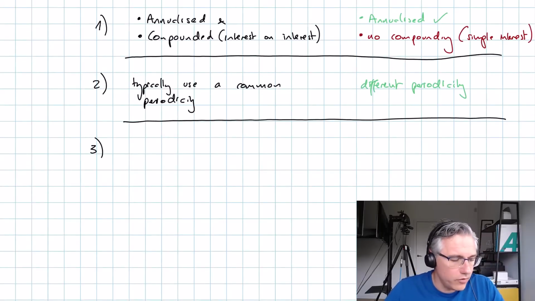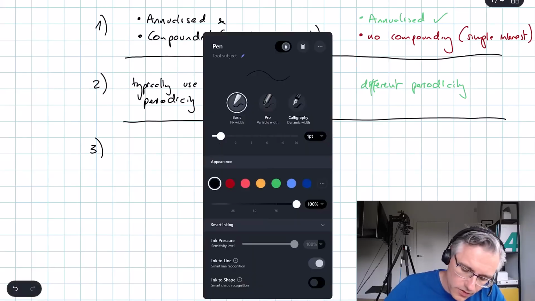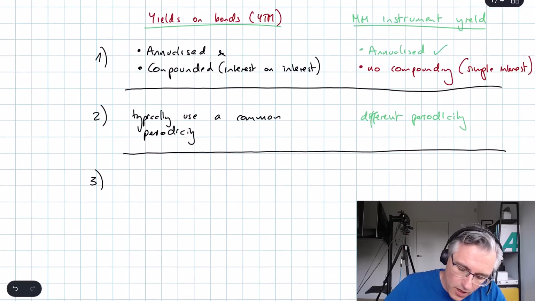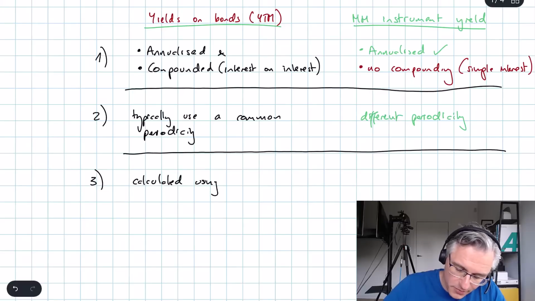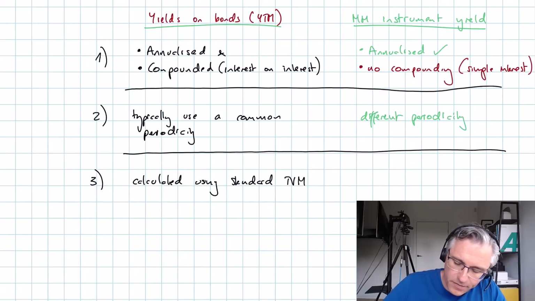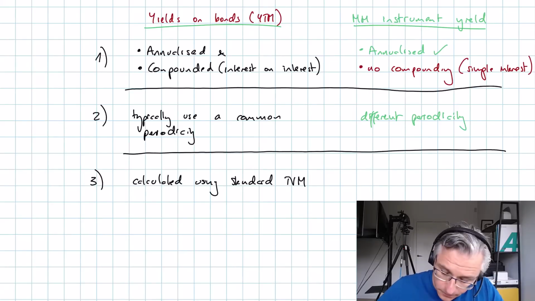And the third point is that the YTMs for bonds are calculated using standard time value of money functions, which we've been exploring in the previous videos.